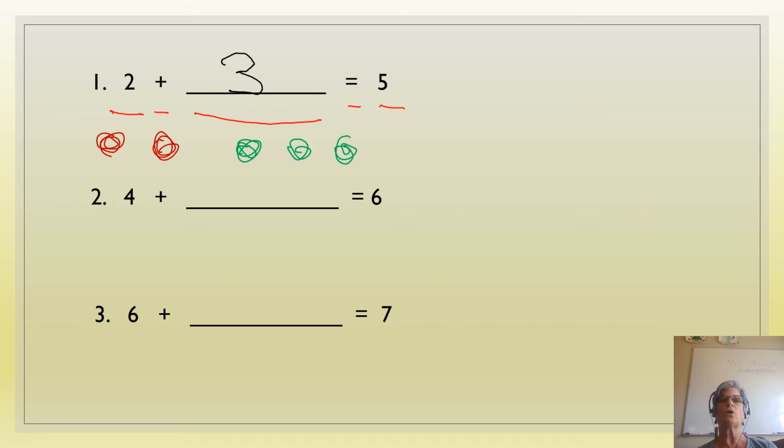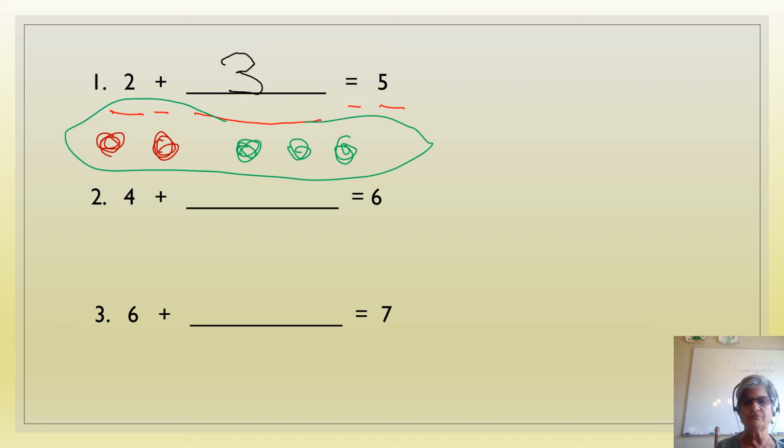Then you have to count all the circles. That means you have to count every single circle there. Are you ready? Let's point and count. 1, 2, 3, 4, 5. And it worked. 2 plus 3 equals 5. Yay!